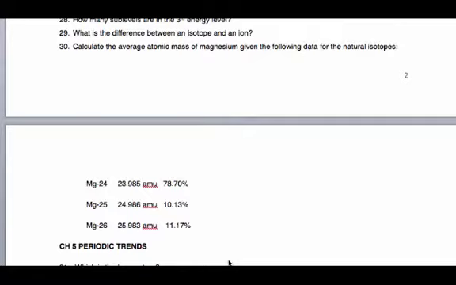Clear this off. Let's scroll this. Calculate the average atomic mass of magnesium given the following data for the natural isotopes. Alright, so this just takes a little bit of practice. You need to use a weighted average method. Turn these percents into decimal equivalents, 0.7870. Okay, so use the more accurate mass times that percentage plus this mass times this percentage plus this mass times this percentage to get the weighted average.